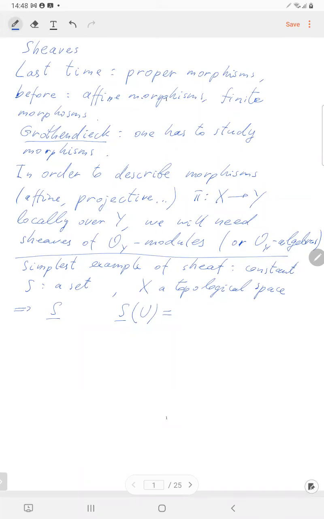Just a set. But you are welcome to imagine that the set is an abelian group. But if I understood you correctly, you say that the set of sections of this constant sheaf over an open set U is just S itself.